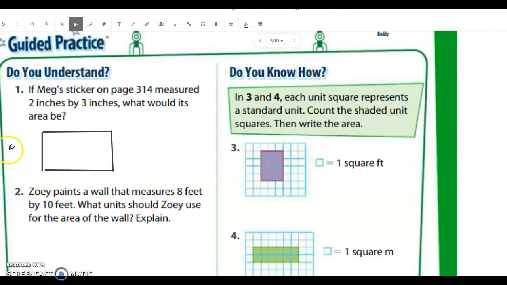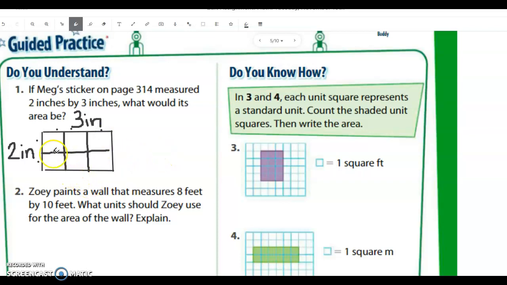Now Meg's sticker is 2 inches by 3 inches. Now if you think about an array and how we divide them up by columns and rows, you can see we have 1, 2 rows and 1, 2, 3 columns.